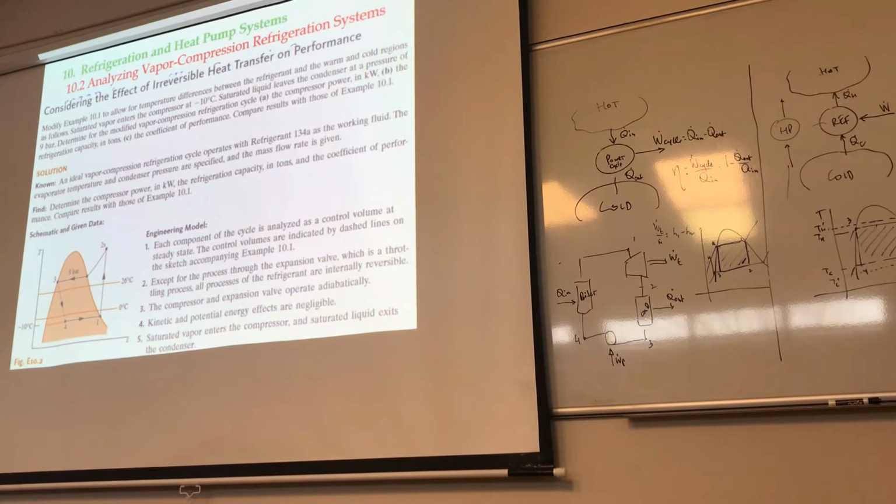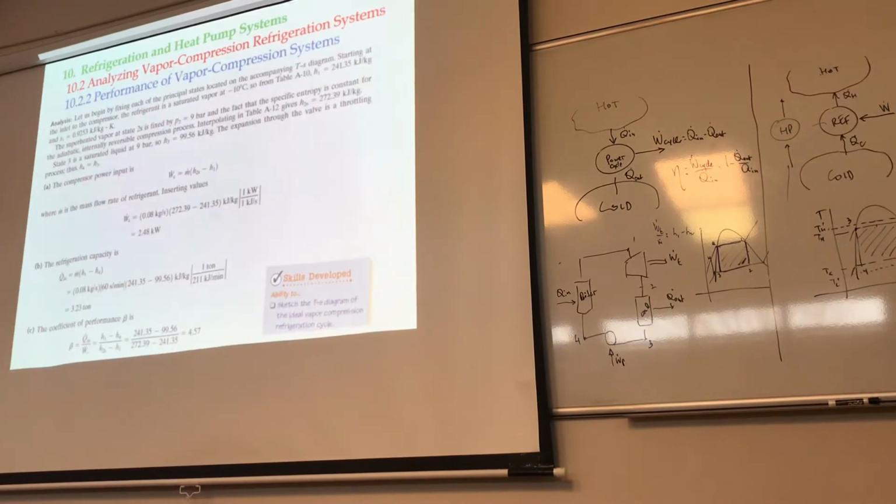It's like a broken record, really. But all I'm interested in is this: look at how much it dropped. It was like 10 point something before. Now, when you take into account the fact that things are not really reversible, the efficiency drops down to about 4.57.